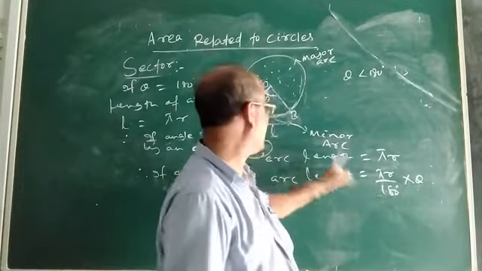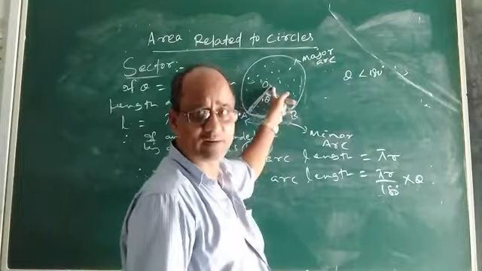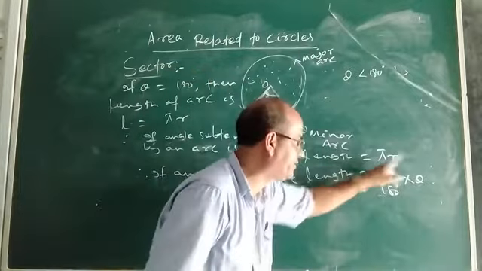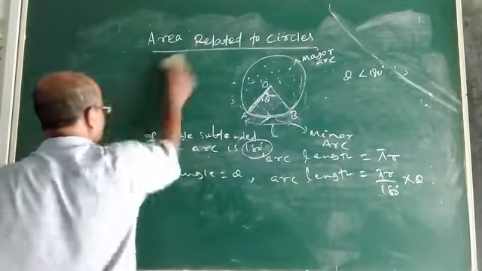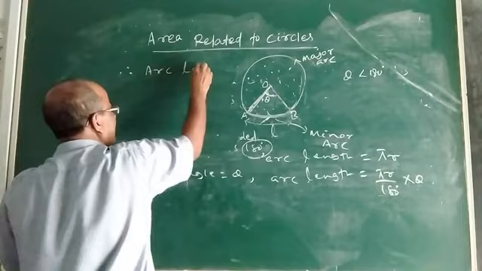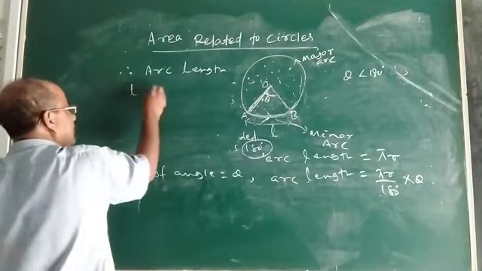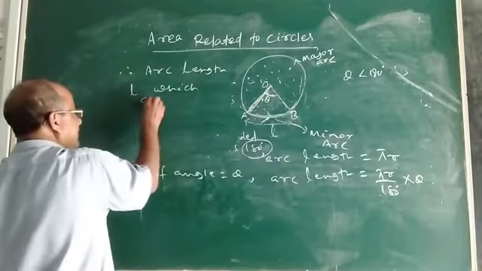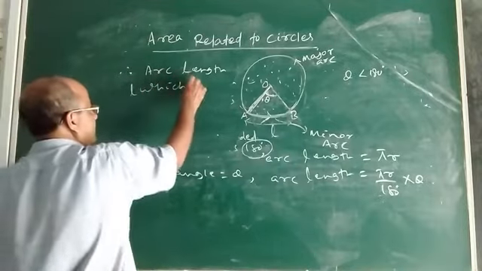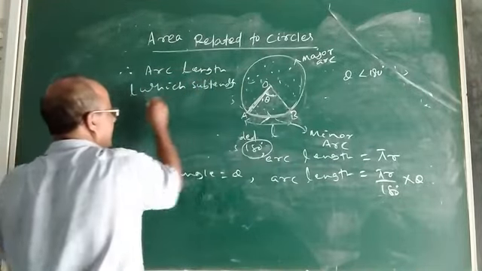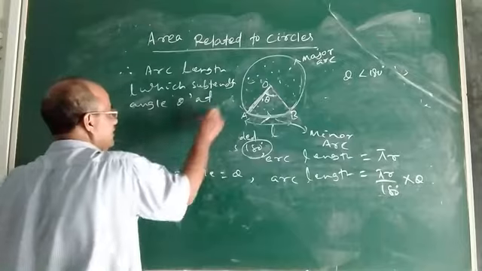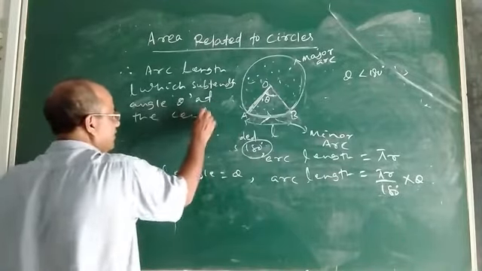So from this discussion we came to know that the arc length L, which subtends an angle theta at the center, what will be the formula?